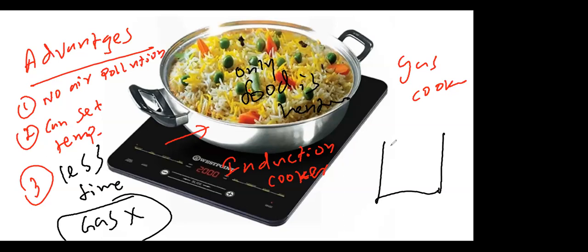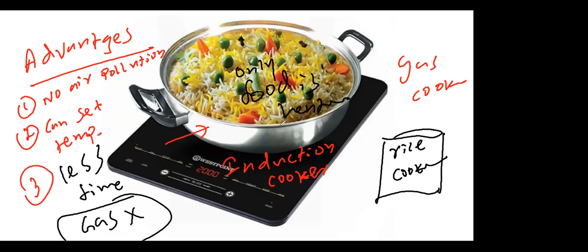So then the best solution is what? You can use the rice cooker to boil rice, and you can use the induction cooker to make the curry. Energy efficiency is higher in an induction cooker than any other cooker.